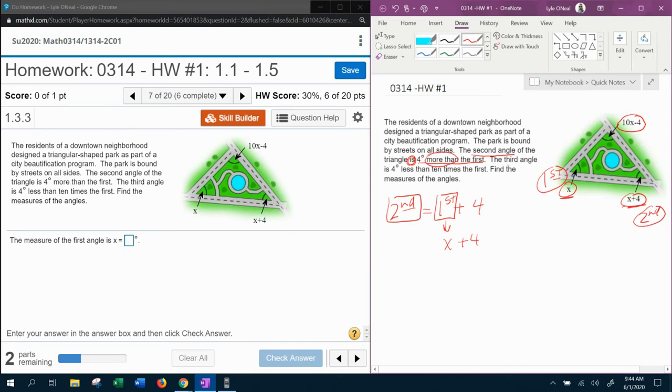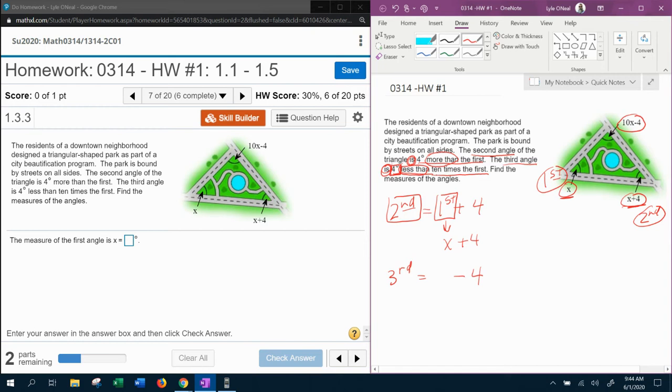And if we read on, it says the third angle is. Here's another is. So the third angle is 4 degrees less than 10 times the first. So in math, the words less than mean minus. Whatever is in front of the words less than goes at the back of the minus. So since it says 4 degrees less than, the 4 has to go at the back.